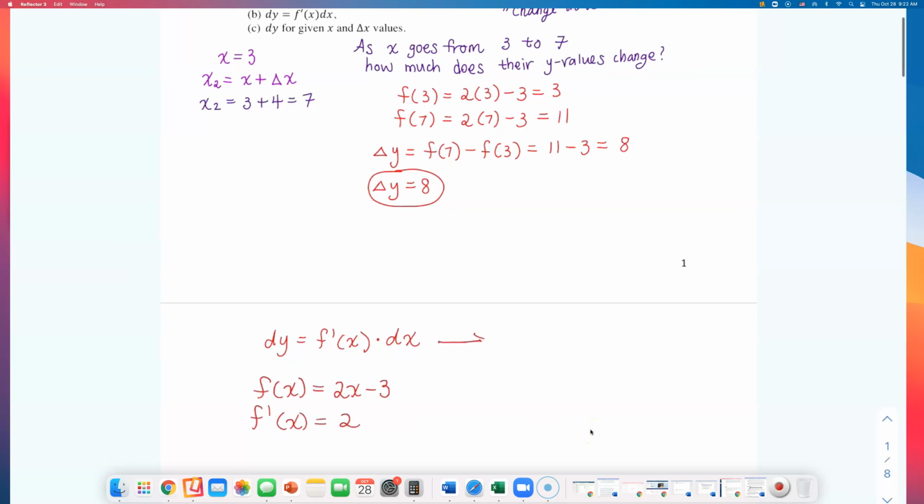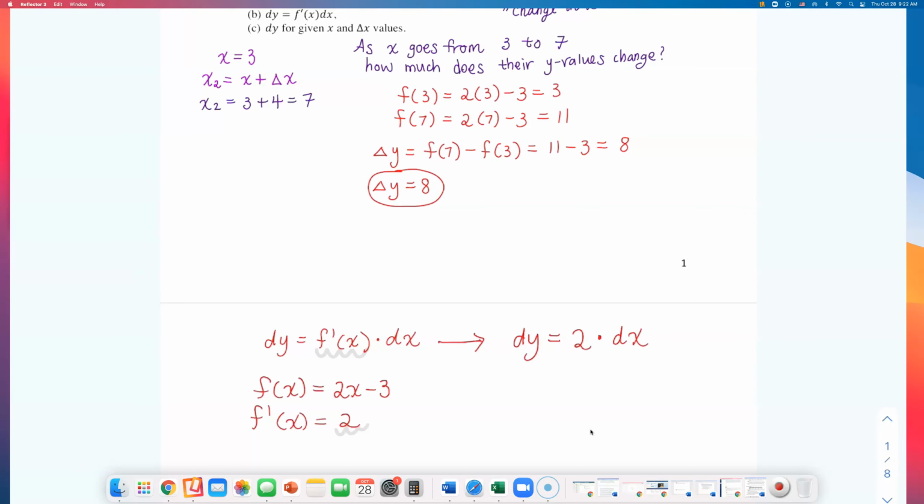So, guess what? The dy formula, the differential of y formula, is simply f prime of x, which is just 2, times dx.